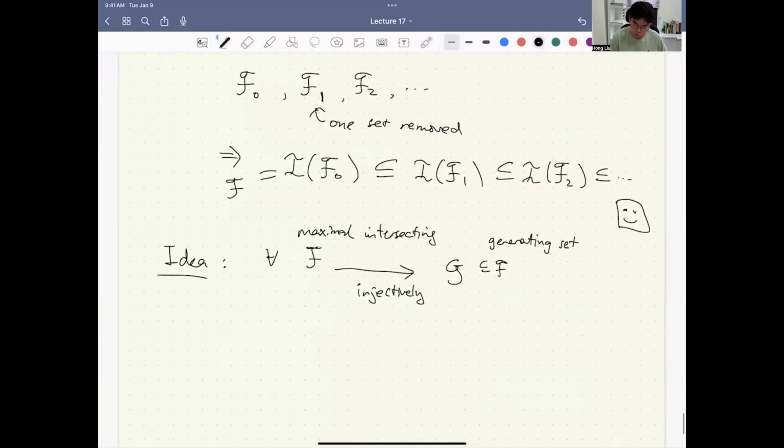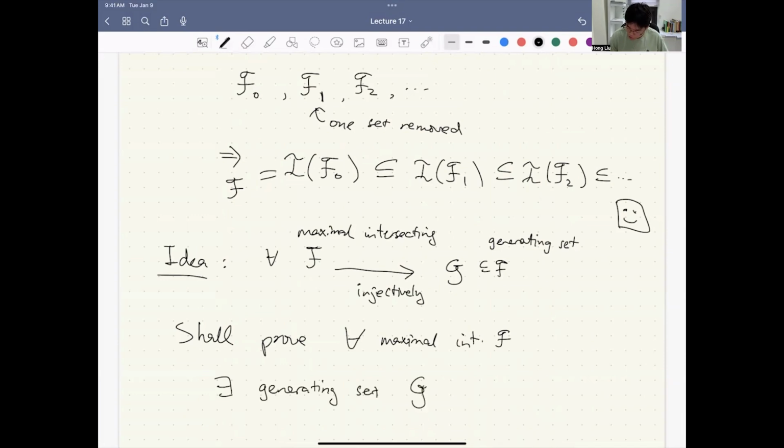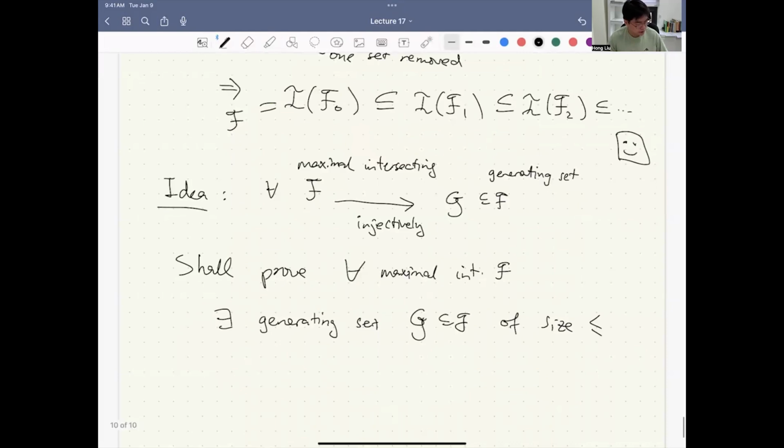So this injectivity is obvious. So we should prove that for any maximal intersecting F, there exists a generating set G in F of size at most, here's the key thing, 2k choose k.